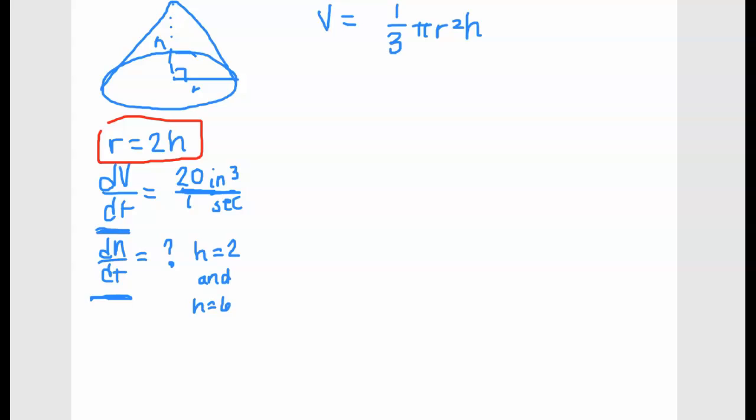I have to get rid of r by substituting r in. So we're going to change volume to be 1/3 pi, but instead of r, we're going to change it to 2h squared times h, which becomes 4/3 pi h cubed.